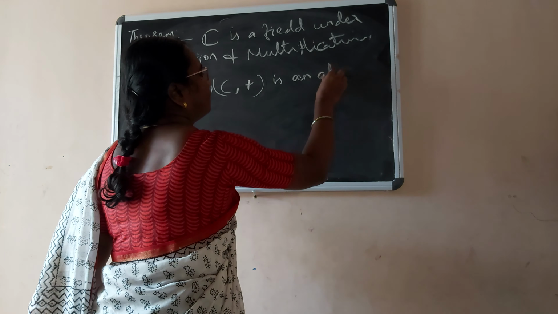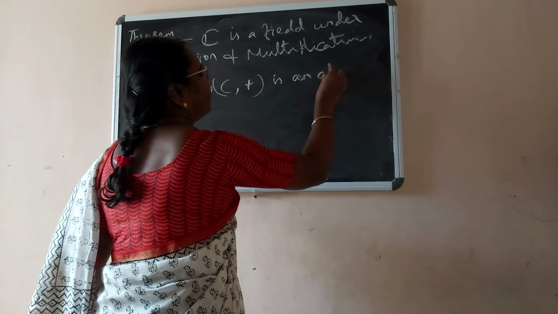Obviously, z1 plus z2 and z1 into z2 belong to C. Since the addition of real numbers is associative and commutative, it follows that the addition in C is also associative and commutative.